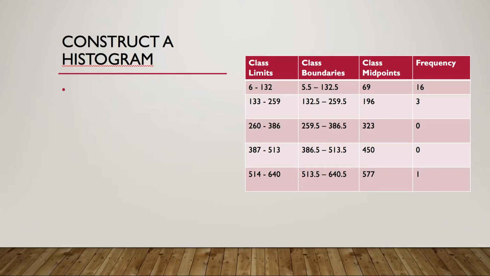All right, so we're going to look at an example. We have a frequency distribution on the screen, and we want to draw a histogram to go with it. And so what I'm going to do is go ahead and draw my x and y axis.